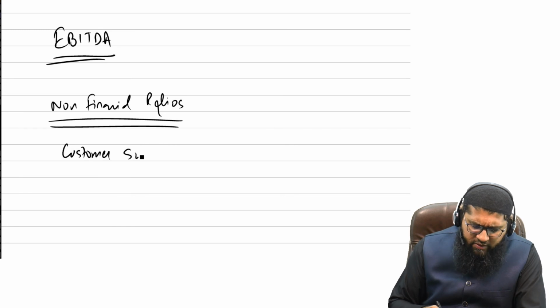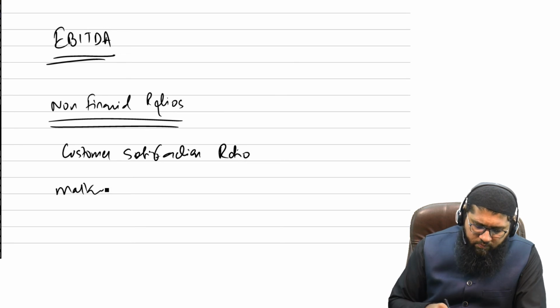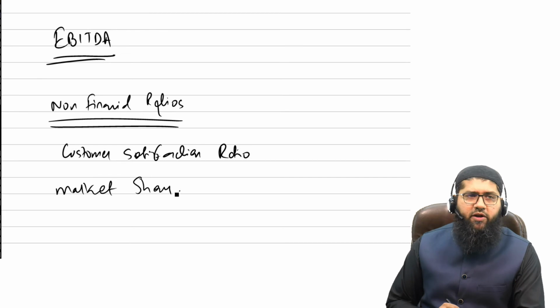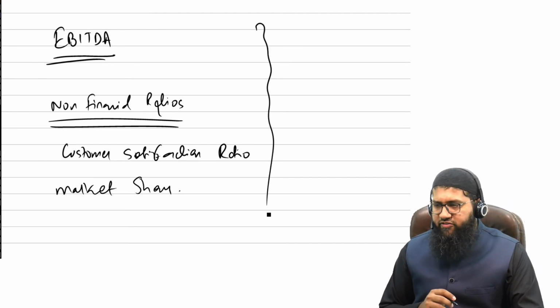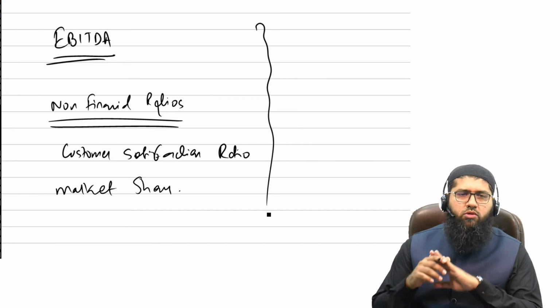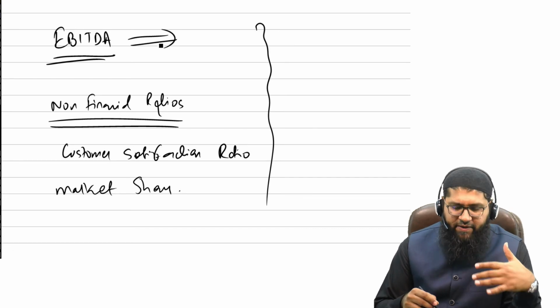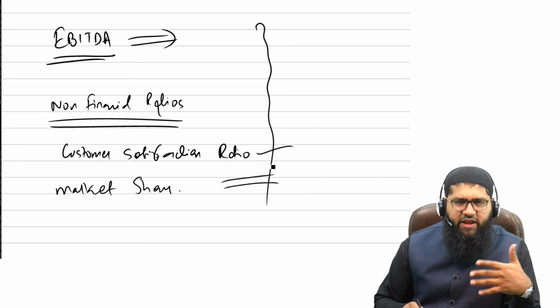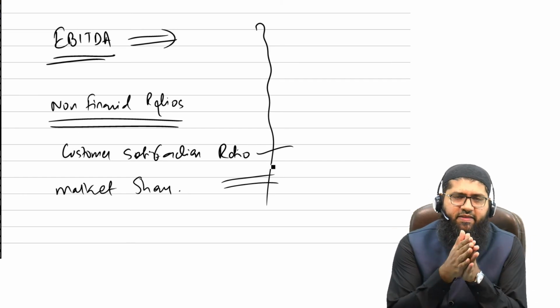That could be the customer satisfaction ratio, the market share, etc. But generally, what I would suggest is that you don't have to worry a lot about many ratios. It's just EBITDA that's important. A few other ratios the examiner obviously gives a formula for. He discusses them in the scenario.